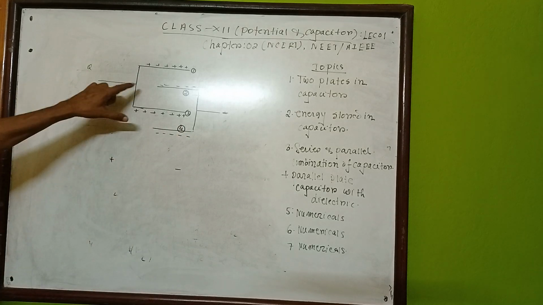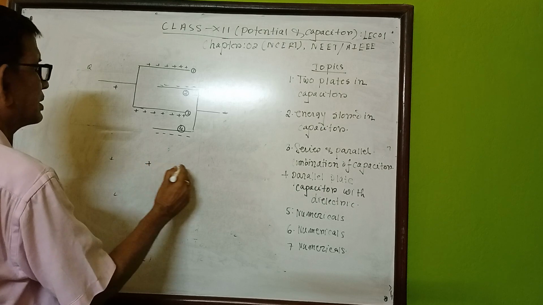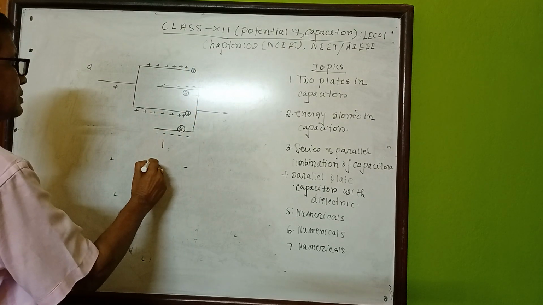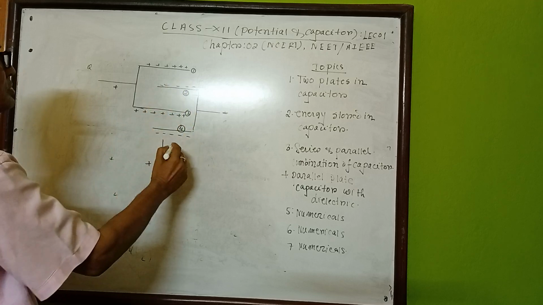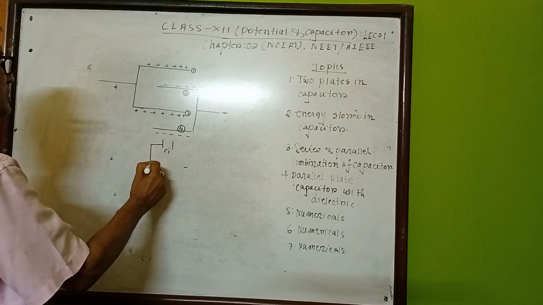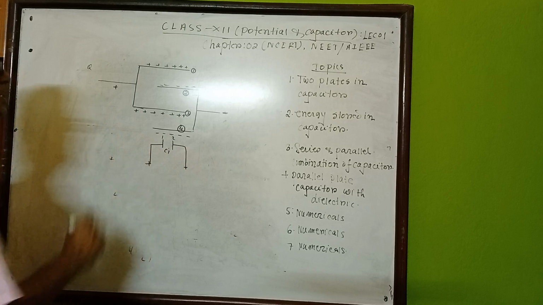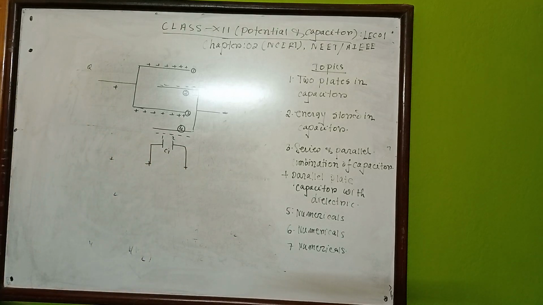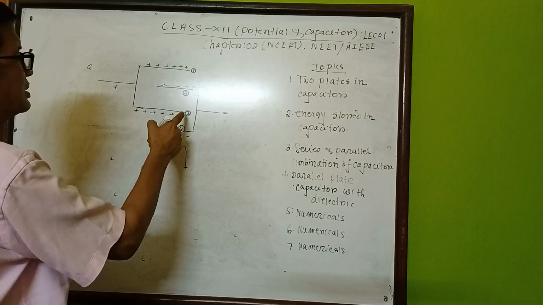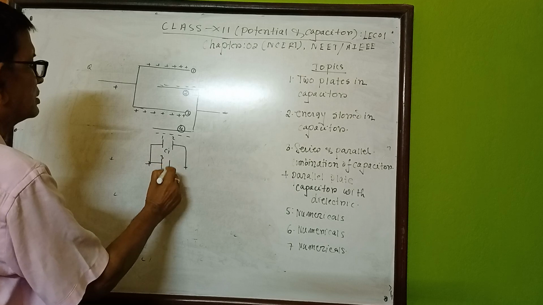Clear? Now this diagram can be simplified like this. First you see plus and minus. 1, you write down 1. Next with 2, you write down 2. That is C1, 1 is connected plus, 2 is connected minus. Clear? Next 2 and 3, 2 with minus and 3 with plus. So write down 3, that is 2.